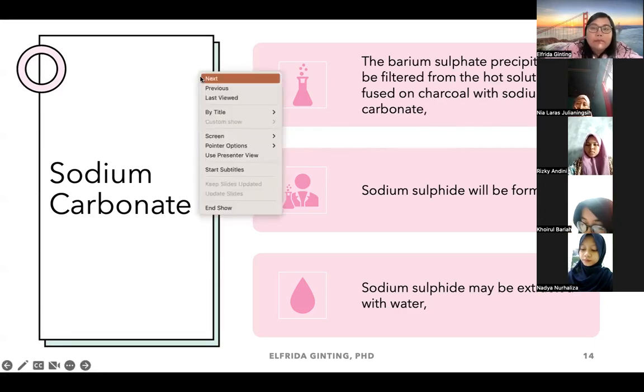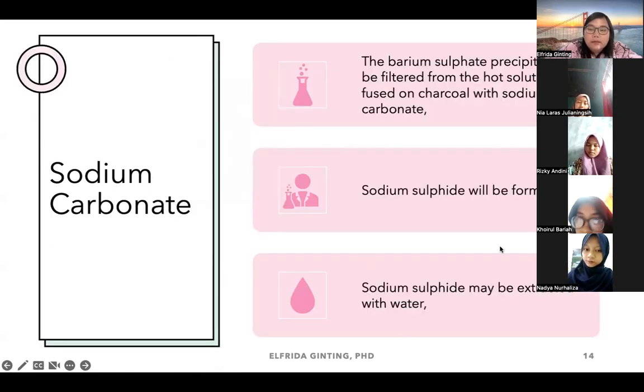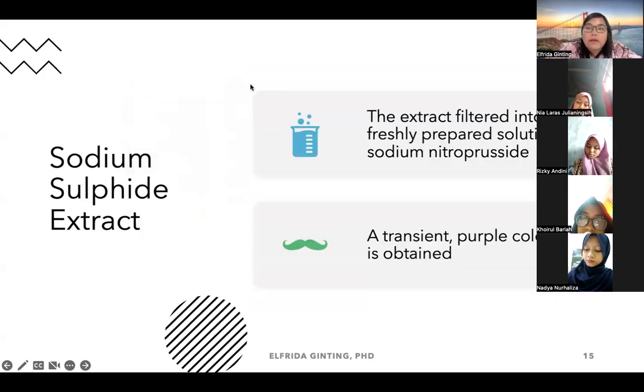So the extract, remember we mix sodium sulfide with water and we call it the extract of sodium sulfide in water. You can filter it again, and then you mix it with sodium nitroprusside. When you mix it with sodium nitroprusside, you will have a transient purple color.